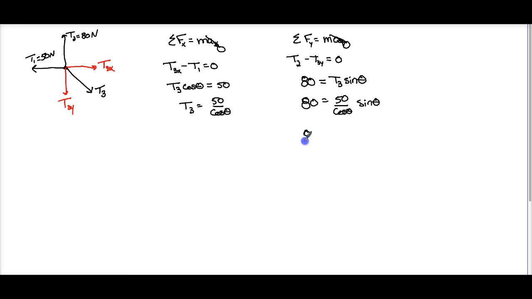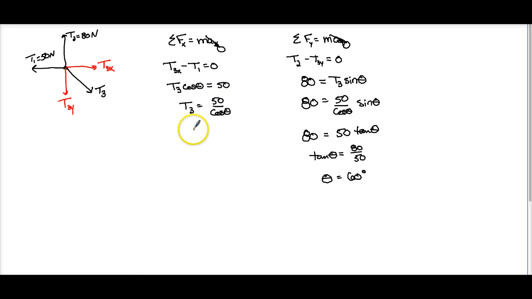And we should remember our trig identities that the sine over the cosine is equal to tangent. So when we do that, then we have the tangent of theta is going to be equal to 80 over 50. And if we take the inverse tangent of that, we find that theta is going to be equal to 60 degrees. Perfect.